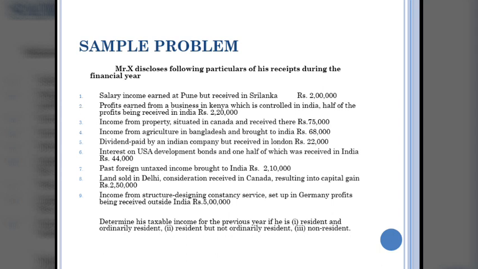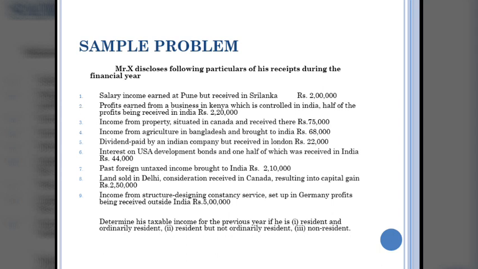Then past foreign untaxed income brought to India, that is the past untaxed profit, it is also not taxable to all. Then next one is land sold in Delhi, consideration received in Canada, resulting into capital gain, rupees 2,50,000. Land is sold in Delhi, so the property is in India.